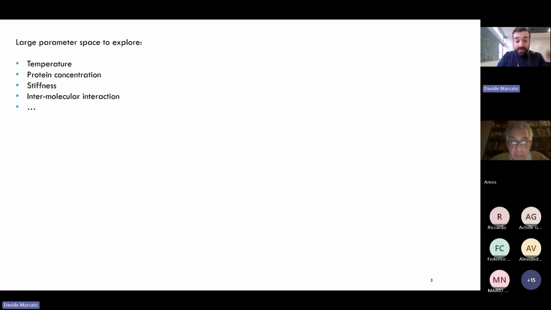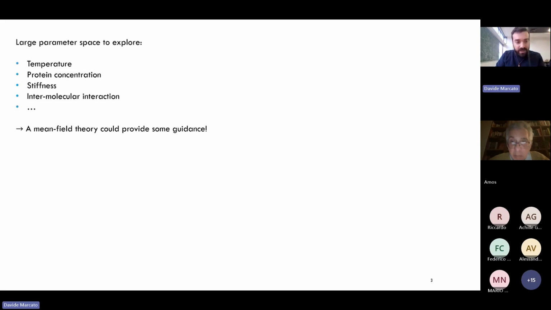So the idea that we had was, maybe we can provide a simple mean field theory, analytical as far as possible, that can help in the navigation of this parameter space and can serve as a basis for more detailed computational studies.